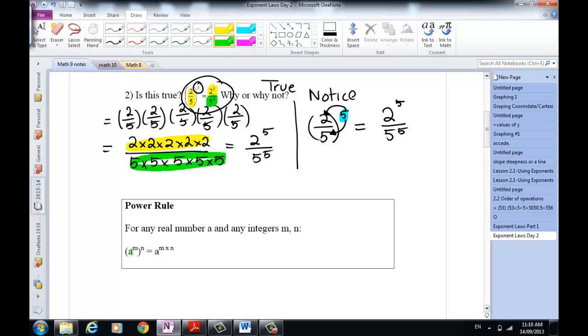For any base a to the power of m, all to the power of n, we can generalize this rule as saying the base to the exponent becomes m multiplied by n.